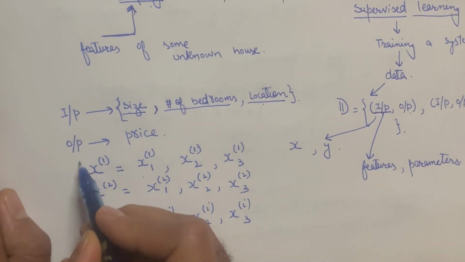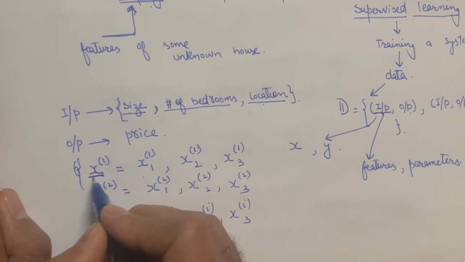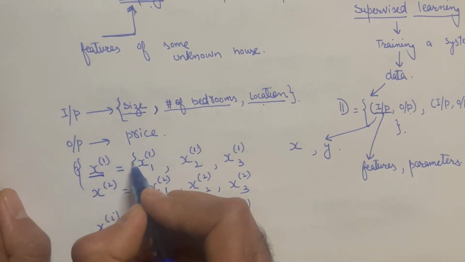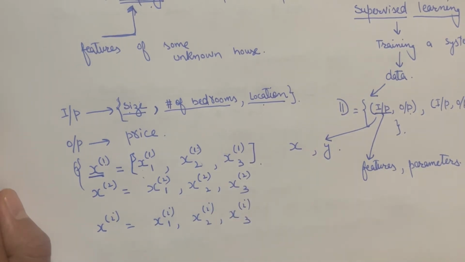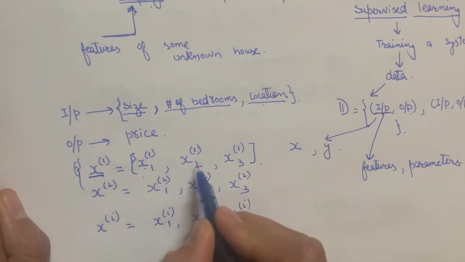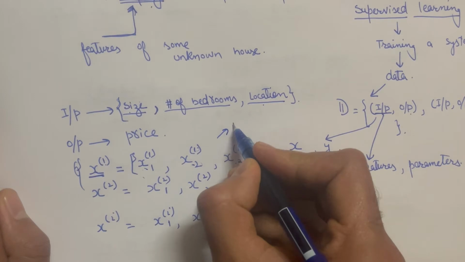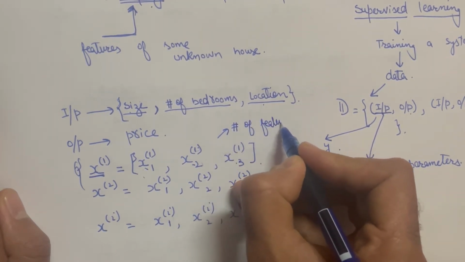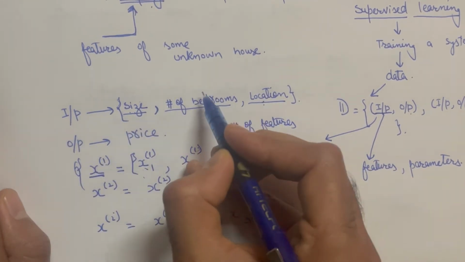So the inputs of every data point form a row vector. Columns are equal to the number of features. Here you can see the number of features we are using for the input is 3.